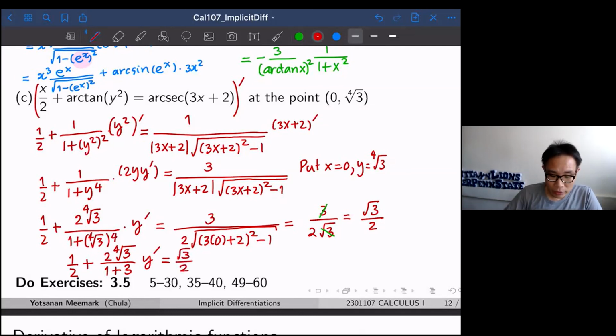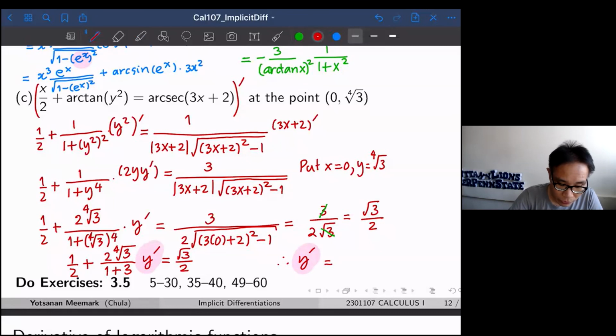So this one you're going to solve for y prime. What is my y prime?